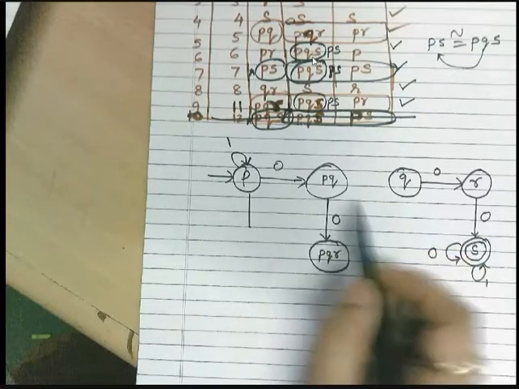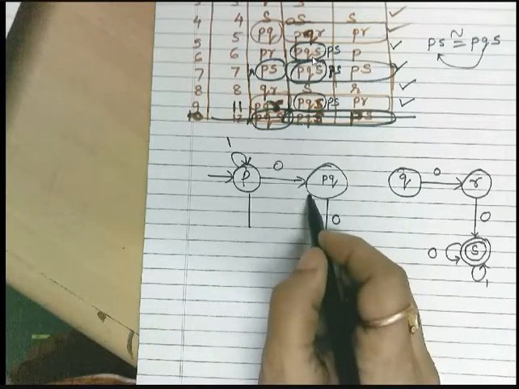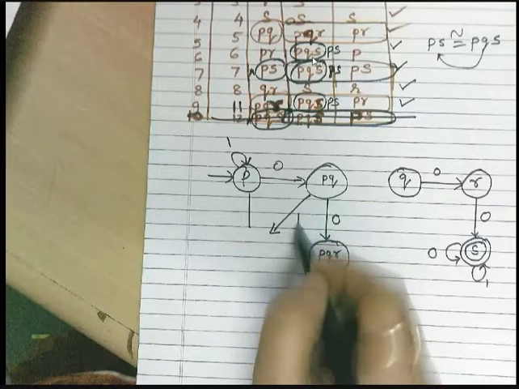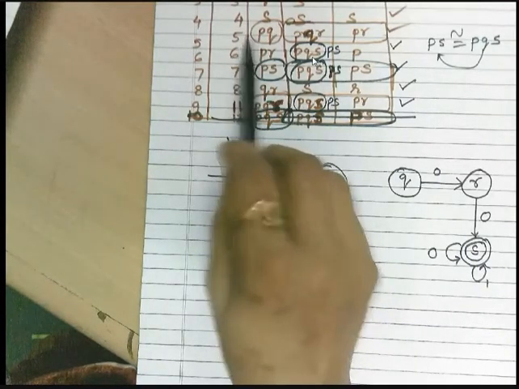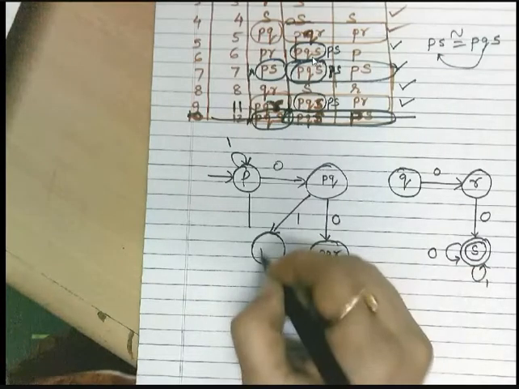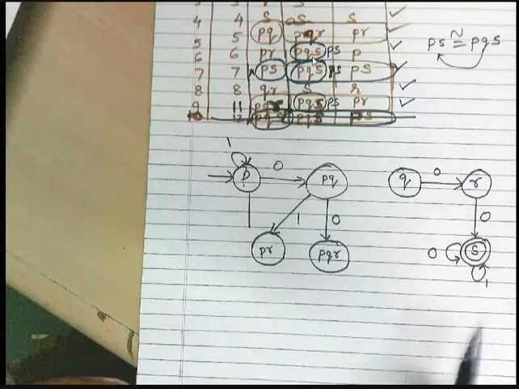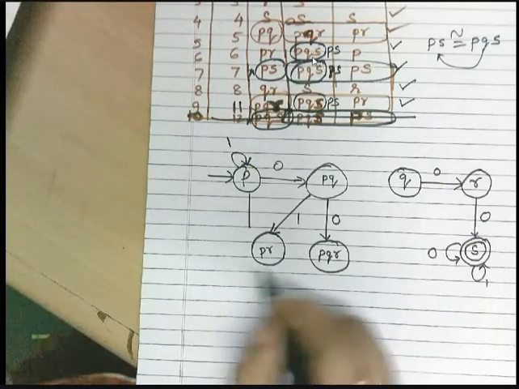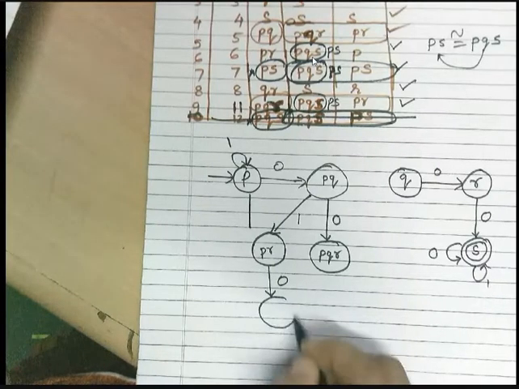Then PQ on 1 goes to PR. So again, there is no such state. Where should I make it? Okay, PQ on 1 goes to PR. Next, PR on 0 goes to PS.